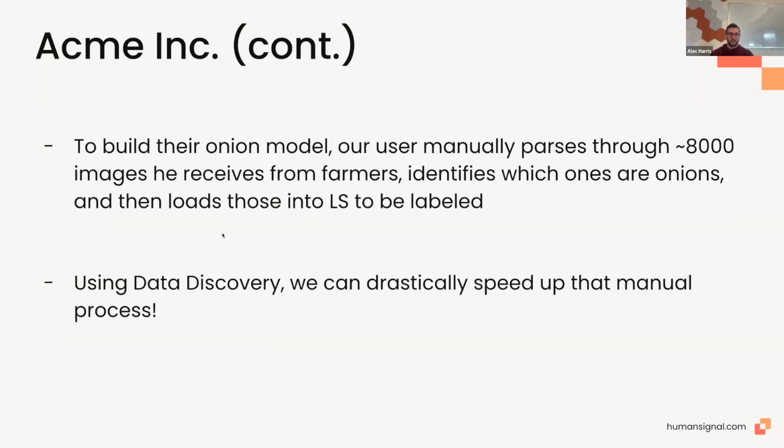So going a little deeper into this example, we looked at their workflow, and the way that they did their workflow, at least at that time, was they would collect thousands of images from these farmers. The number that they threw out was 8,000. And they would go one by one, like, this image I want to label, this image is not worth labeling.